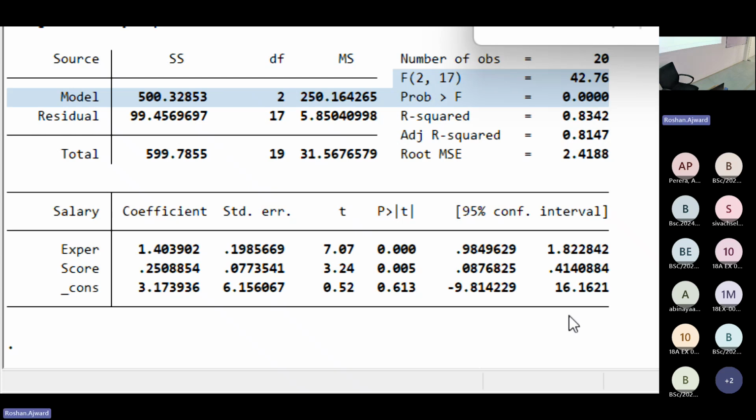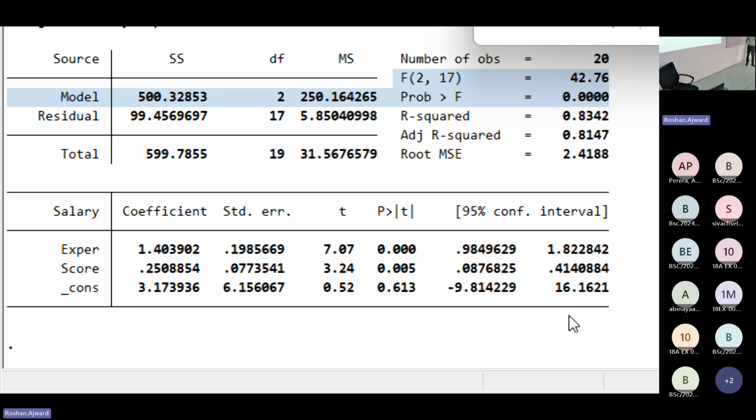Then experience, now you have the slope, so you can write down 1.4 experience. And you remember the equation: Y equals alpha plus beta x. Beta is the slope.